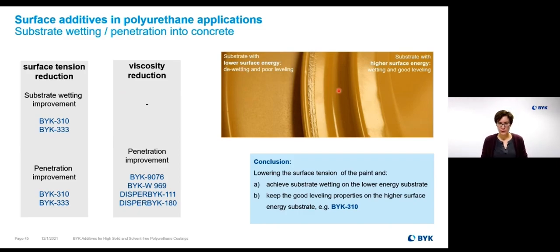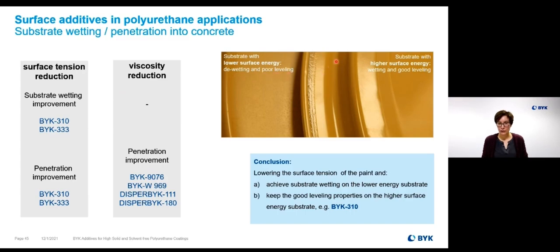We have, on this picture, two steel lids with a yellow coating. And left-hand side, you see a substrate with a lower surface energy, and that means the coating de-wets and we have poor leveling.